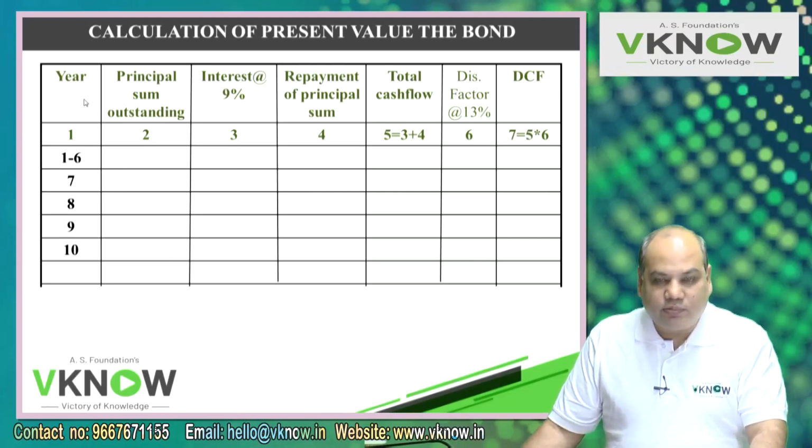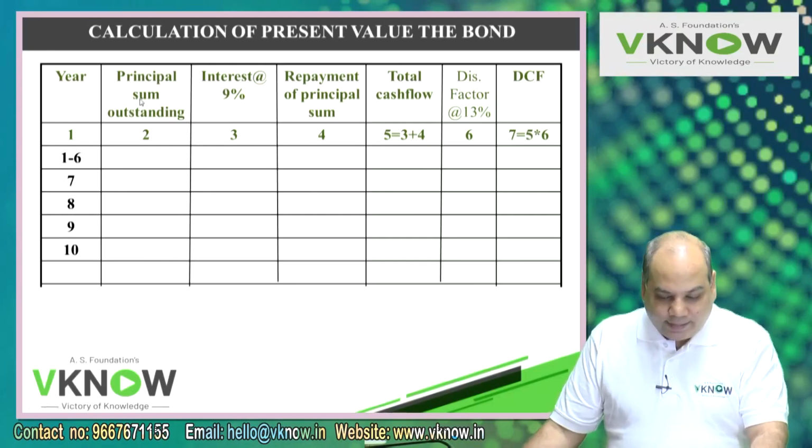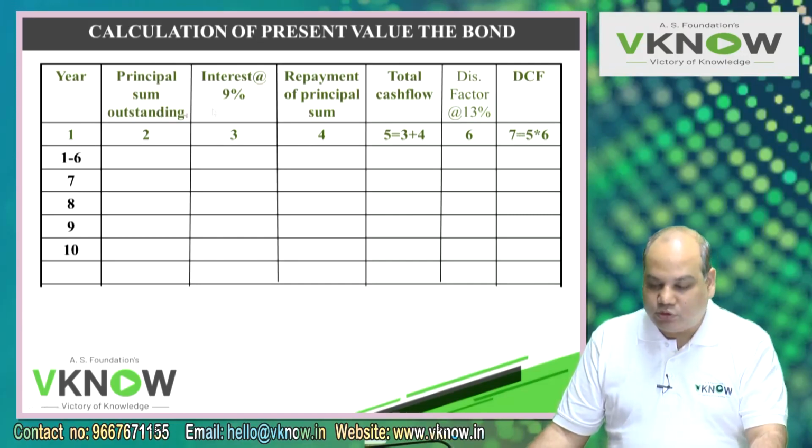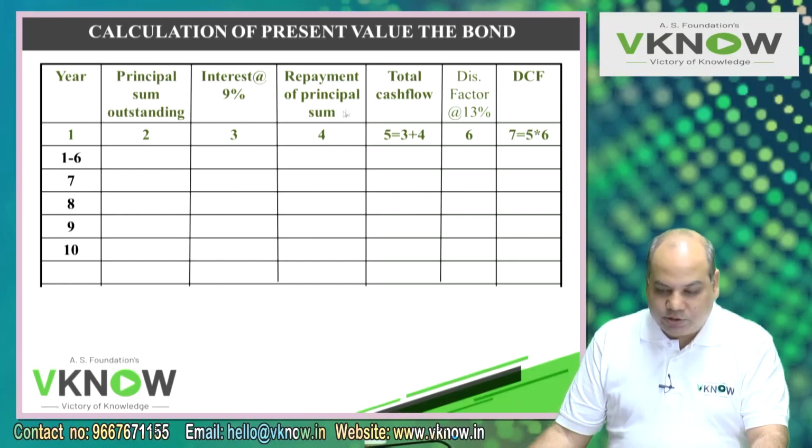The format is exactly the same: year, principal sum outstanding, interest at the rate of 9%, repayment of the principal sum, total cash flow, discounting factor at the rate of 13%, and discounted cash flow. Please write down the headings.